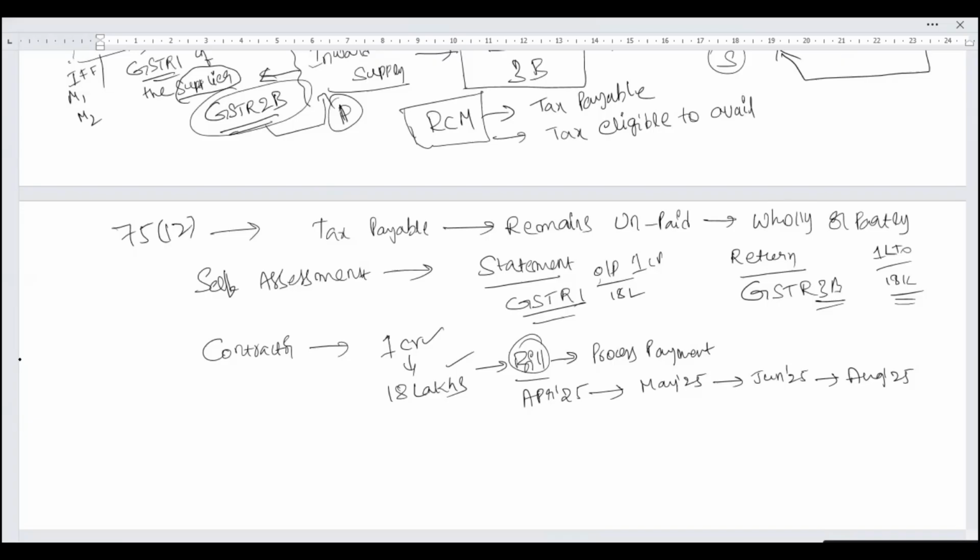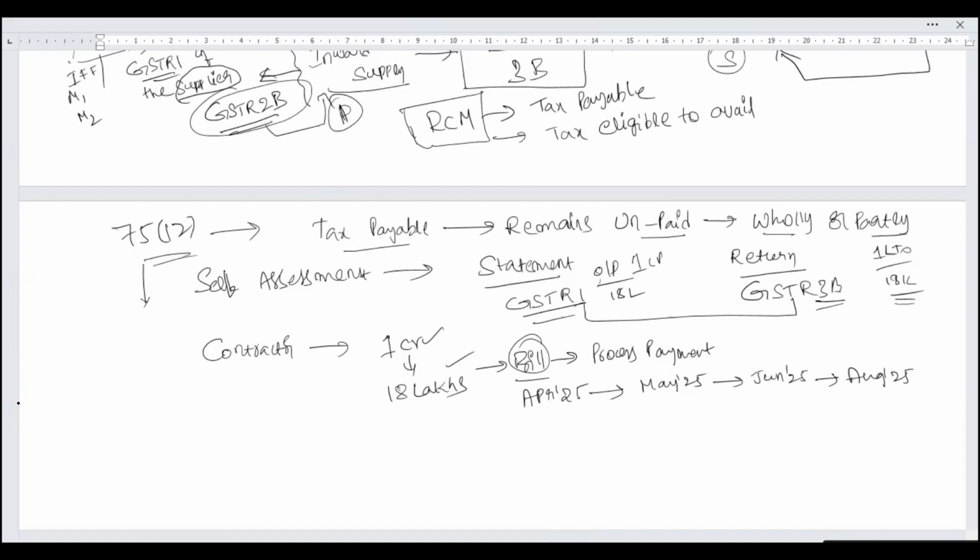This is where 75(12) comes into the picture, where he says, under 75, there's a tax payable which remains unpaid, either wholly or partly. Why? There is a gap between GSTR1 and GSTR3B. This is where they say the tax is to be paid but not paid.